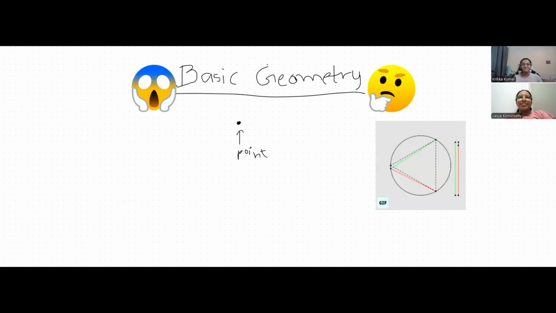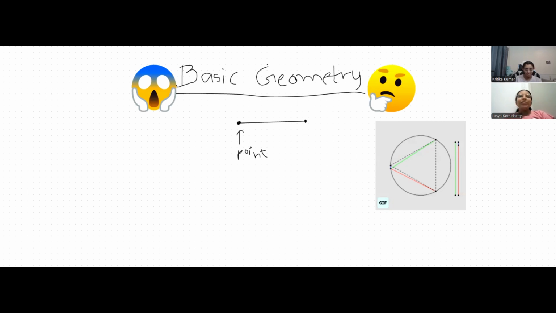We got you. When you have a point and you have another point somewhere else, and you connect them, that right there is called a line segment. So I know you'll be like, isn't it a line?